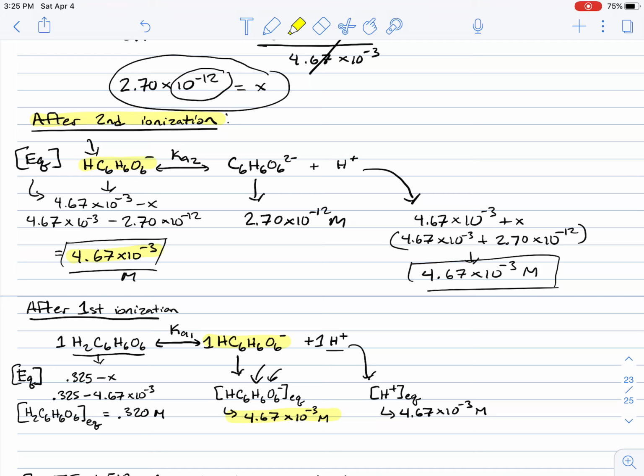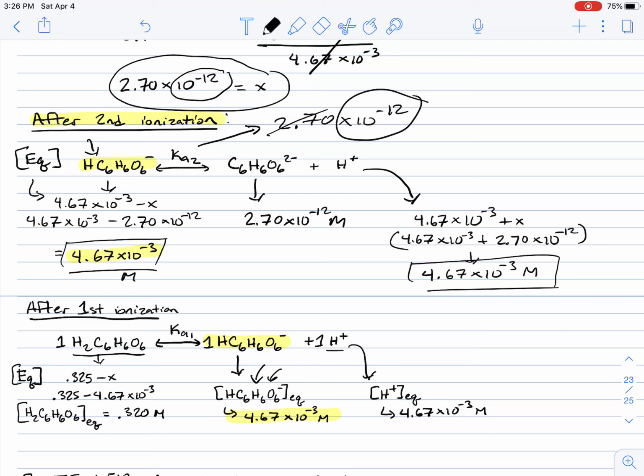The reason it's not changing significantly is because of the magnitude of Ka2, which is 2.70 times 10 to the negative 12. We don't really care about this number, but let's look at this magnitude. Times 10 to the negative 12 is very, very small.